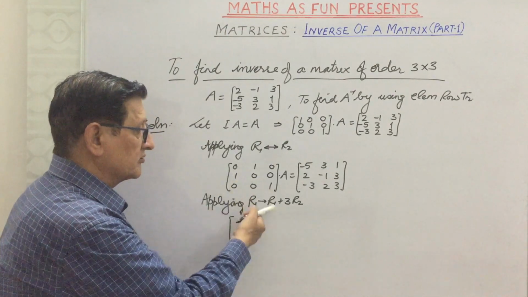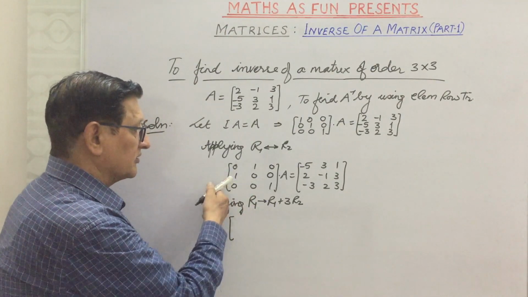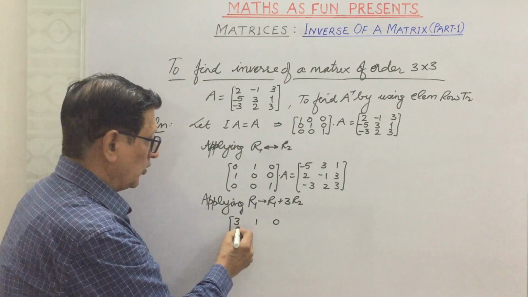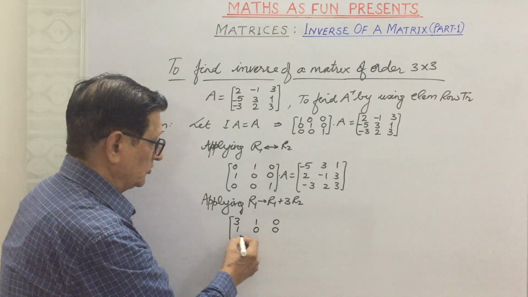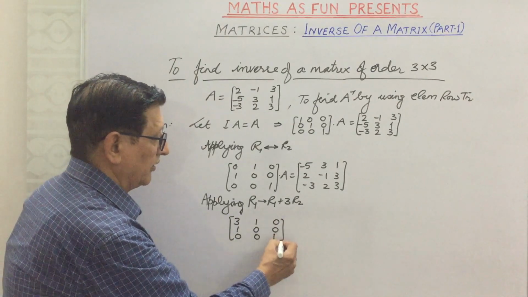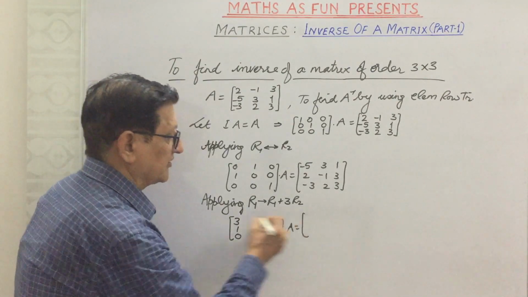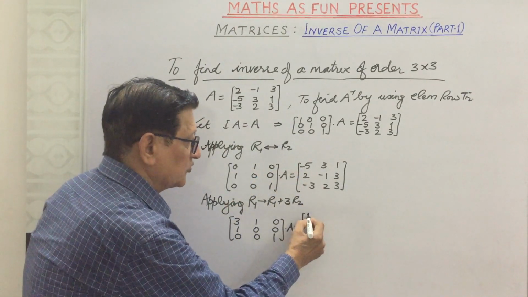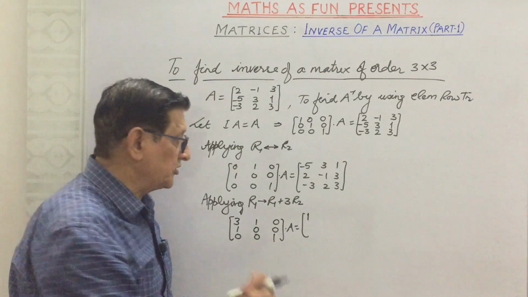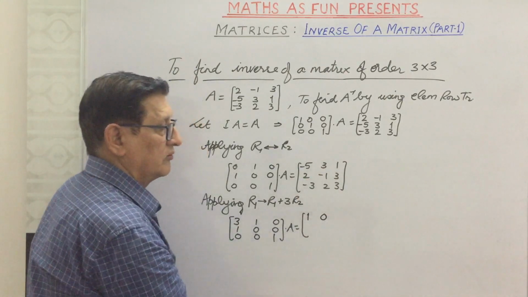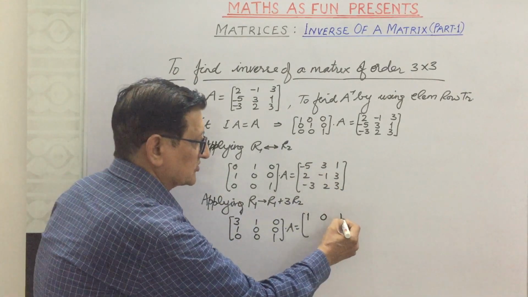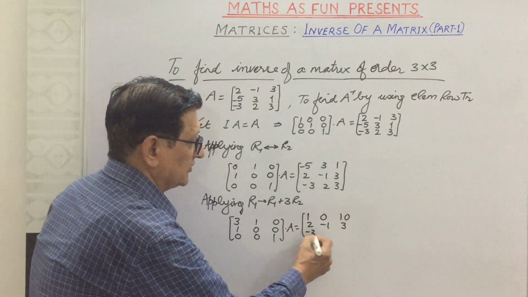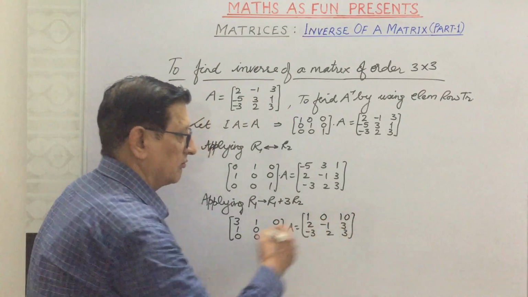We are getting here 3 times row 2, that is [3, 1, 0; 1, 0, 0; 0, 0, 1] into A is equal to [-5 + 6 is 1, 3 - 3 is 0, and 1 + 9 is 10; 2, -1, 3; -3, 2, 3].